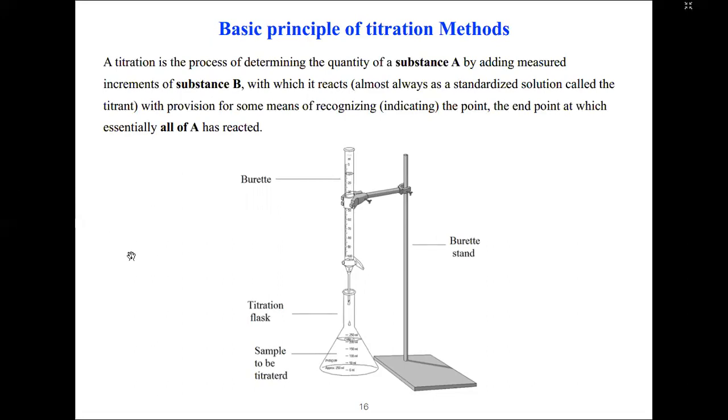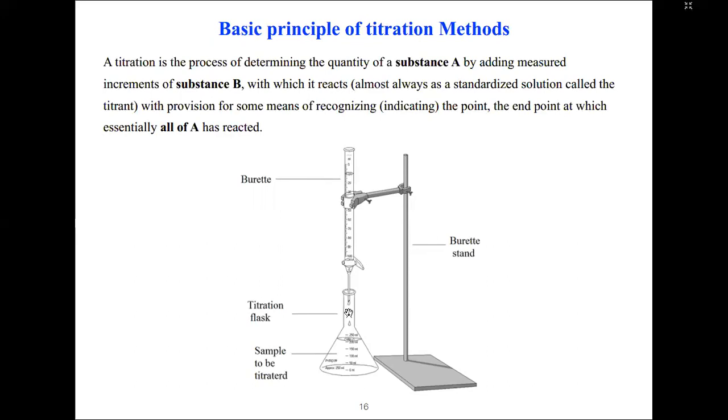So in the conical flask, you have A. In the burette, you have B. You keep adding B until all of the A is reacted. Not more, not less amount of B is added. Just until A is reacted, okay?